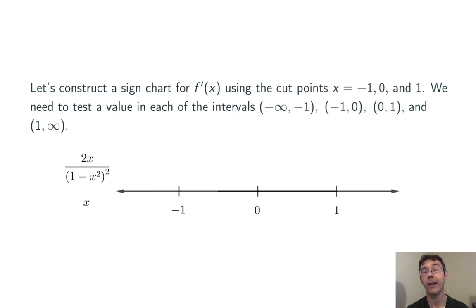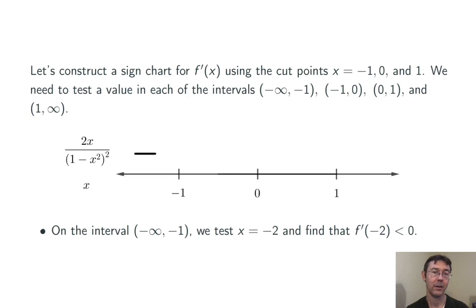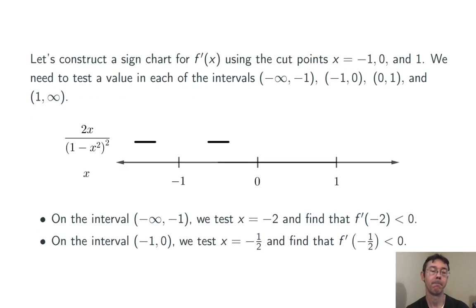We're going to test a value in each of these four intervals: negative infinity to negative 1, negative 1 to 0, and so on. For the first interval, negative infinity to negative 1, I'll test the point negative 2. I plug that into f prime, I get a negative value back. F prime, therefore, is negative on that entire interval, because we know it can't change sign except at these cut points.